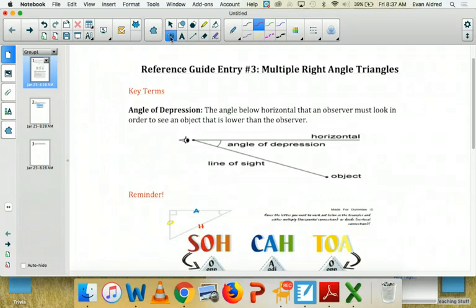What's important to note is that the angle of depression is not found at the top of a right triangle. So this angle here is not the angle of depression. The angle of depression exists between an imaginary horizontal and the hypotenuse of this triangle. So this is where we would find the angle of depression.